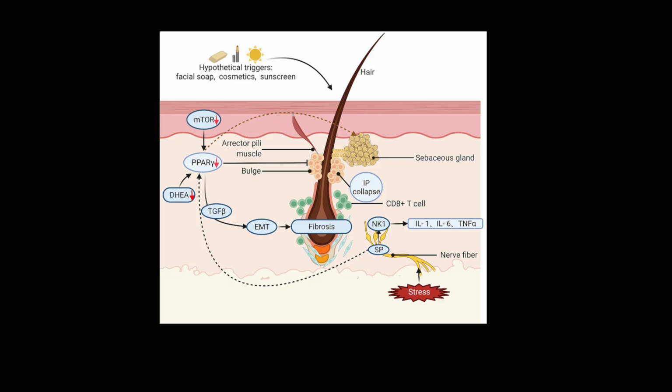When there's stress in the nerve fiber, SP can activate NK1, which then activates IL-1, IL-6, and TNF-alpha. At the same time, that also activates PPAR-gamma, which also inhibits some IP/collagen, which is what holds up the hair follicles, which is how your hair can fall out.